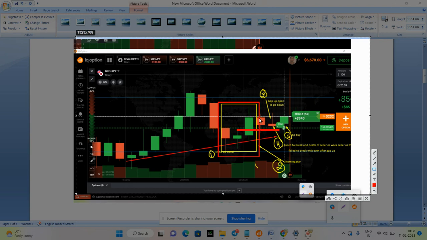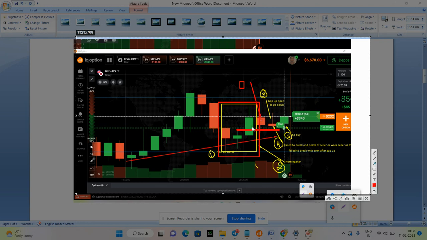Here this candle tried to retest, but its wick did not reach the key level of the pattern. This is the key level of the morning star, and this candle failed to reach it.